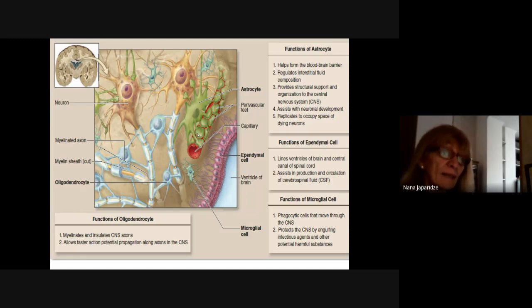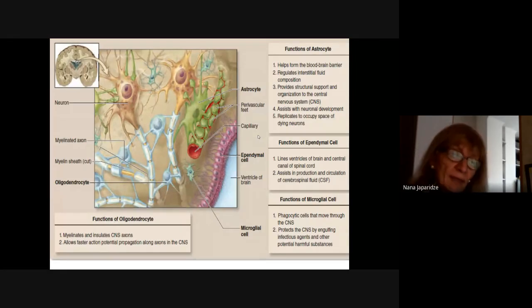Regarding the microglial cells, they are real phagocytic cells, and they are able to move through the whole central nervous system, and they protect. Actually, they are a very powerful tool for protection of the central nervous system because they are able to engulf different types of pathogens, infectious agents, and harmful substances too.